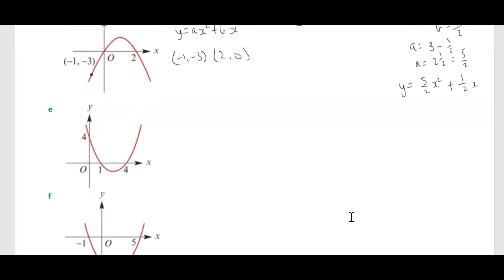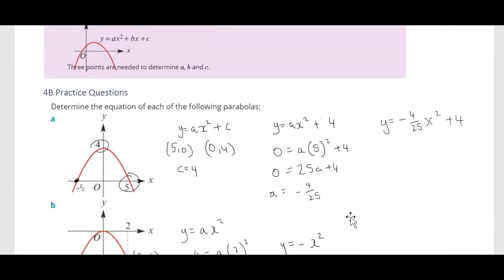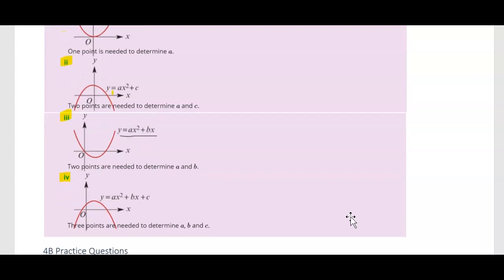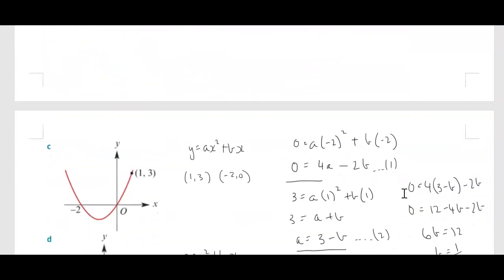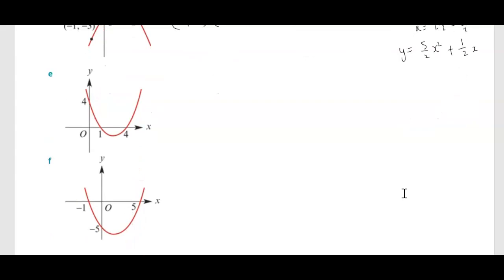All right, for part E, let's scroll back up to the top. Okay, so it's going to be the 4th type: ax squared plus bx plus c. So I'm just getting my thing ready.